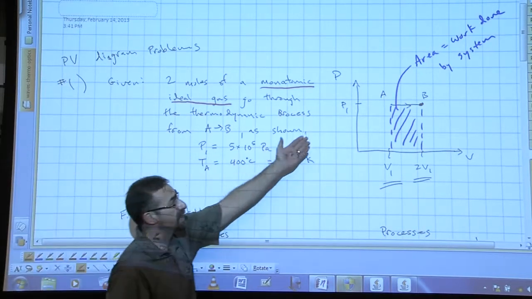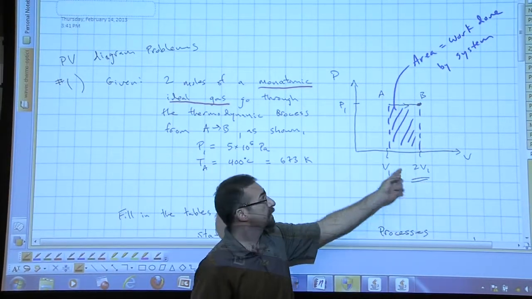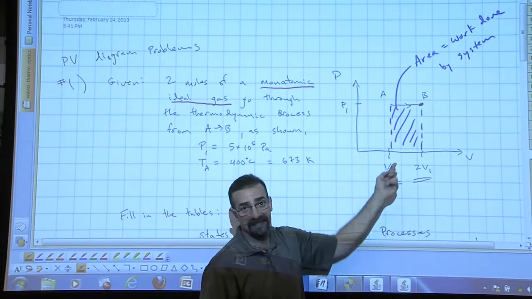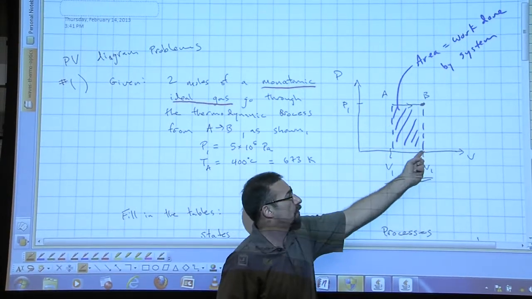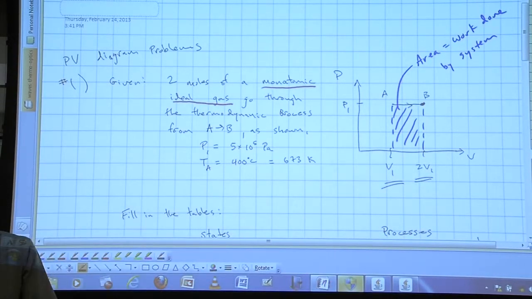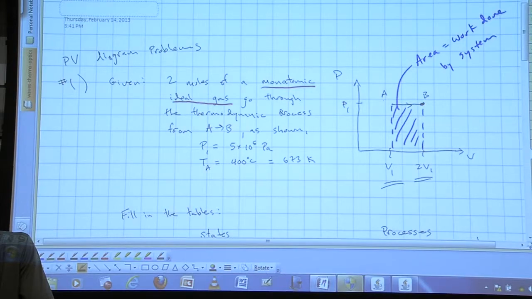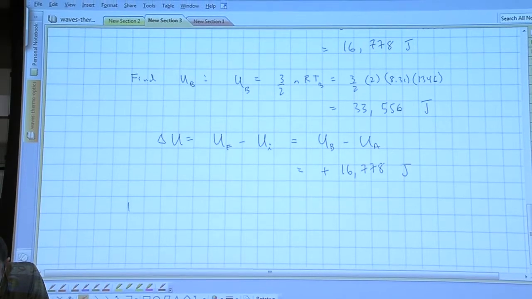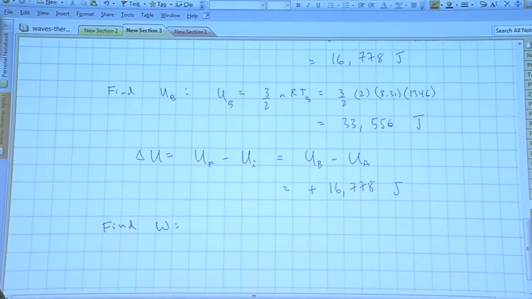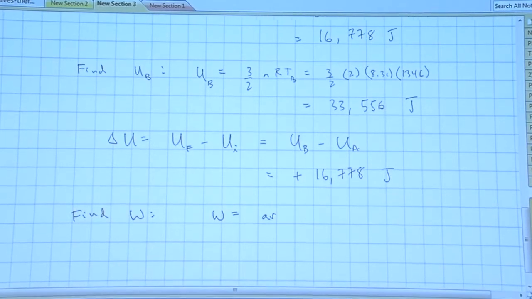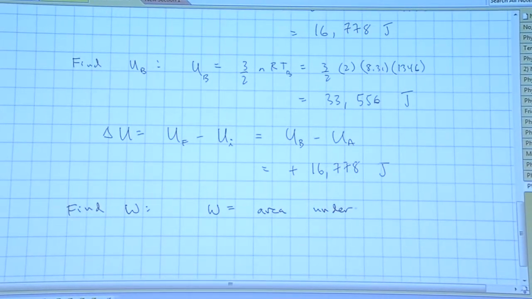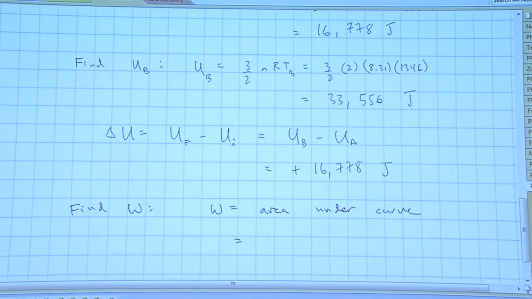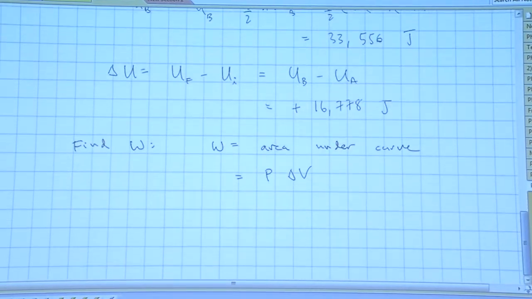And because P is constant, this is very easy to find. It's just P times delta V. It's a rectangle. It's the height times the width. So that's an easy one to find. So we're going to do that. We know the V's, we know P, so we can find the work done. So that's our pressure.